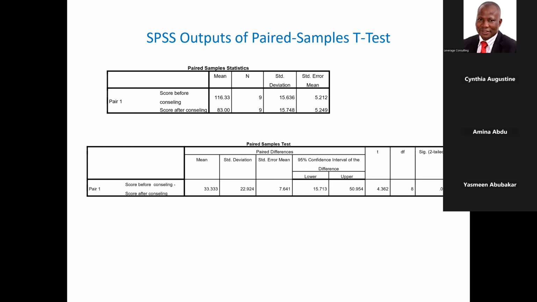If you run it, you can see the P value is 0.002002, very small. So it's the same interpretation as the previous one.